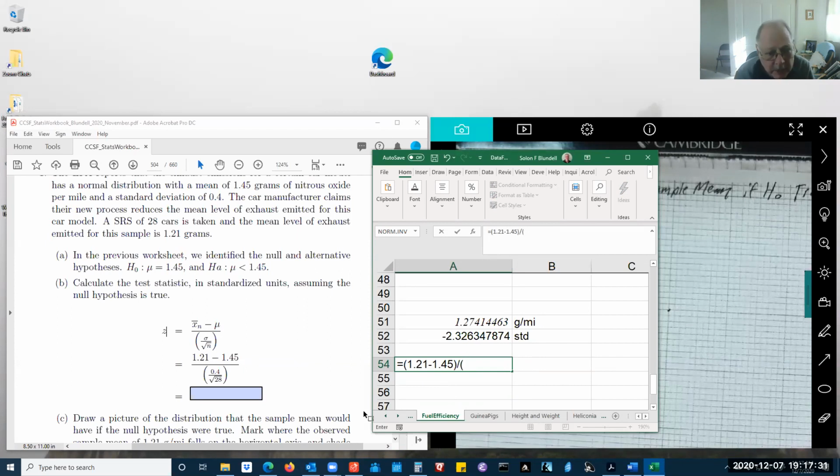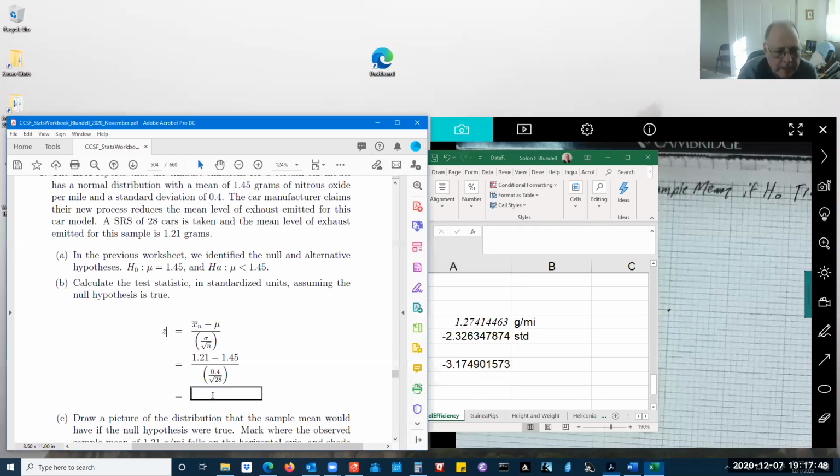And on the bottom, you have to group that together too. So all these parentheses are needed. But if you put them there, you get negative 3.17 STD units.